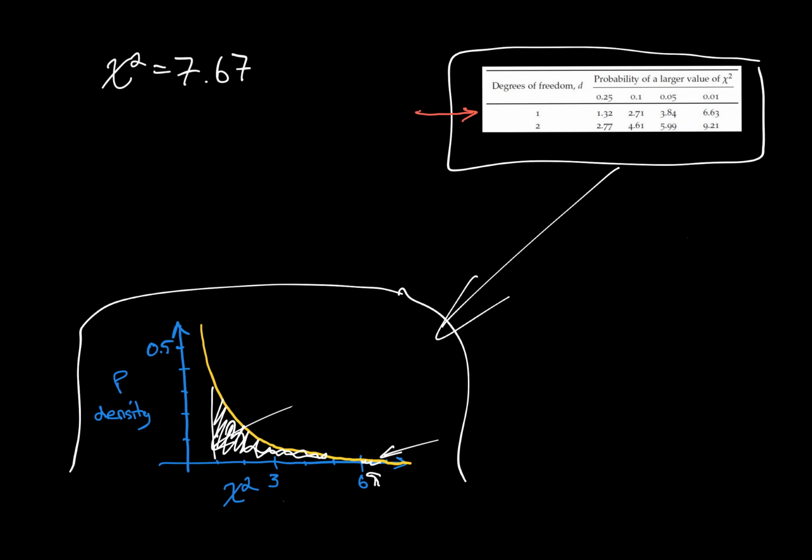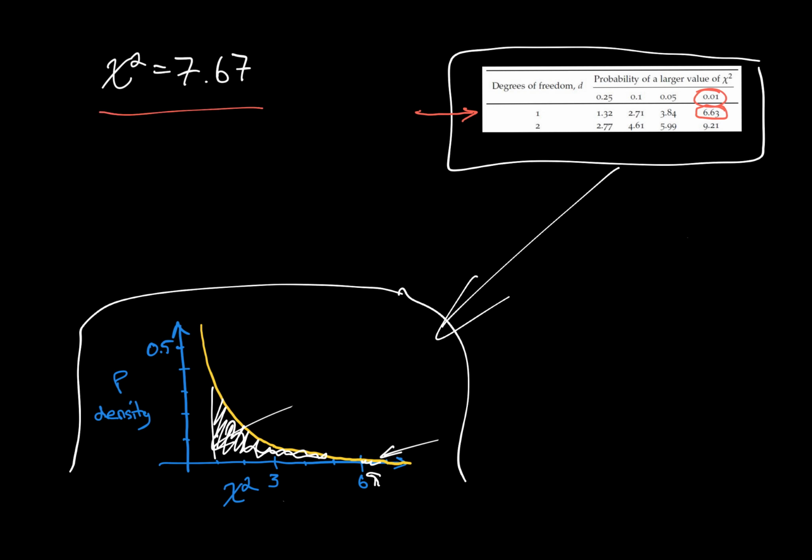What this table tells us is the probability of a larger value of chi-squared given the chi-squared values which are written inside the table. So for example, for a chi-squared value of 6.63, the probability of having a larger value of chi-squared than that is 0.01 or 1%, a very small amount.